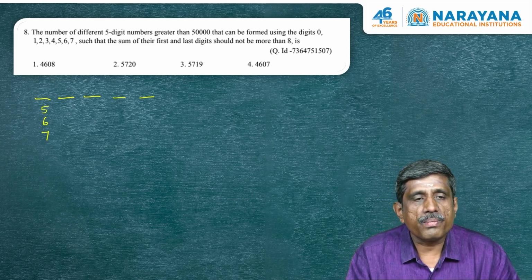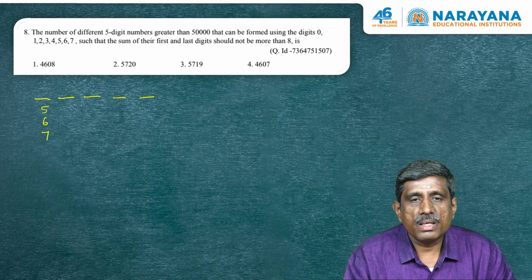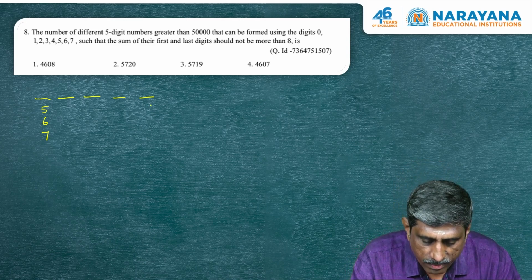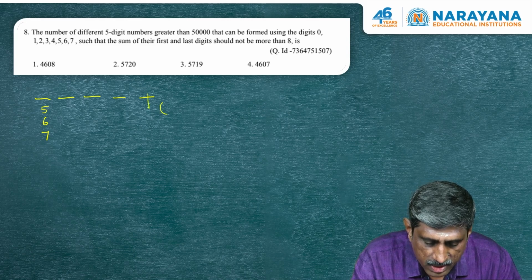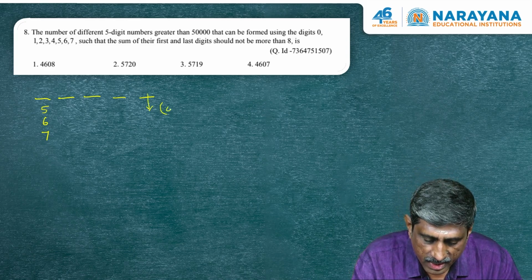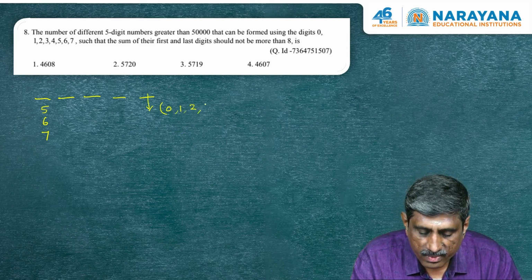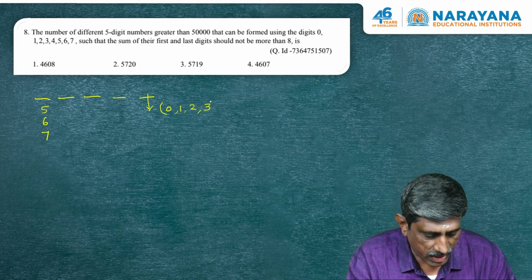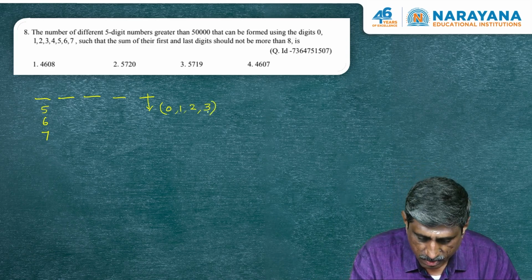And the sum of the first and the last digits should not be more than 8. So, when you put 5, what are the possibilities for the last digit? Should not be more than 8 means the last digit can be 0 or 1 or 2 or 3, up to 8 possible. Therefore, these are the possibilities.